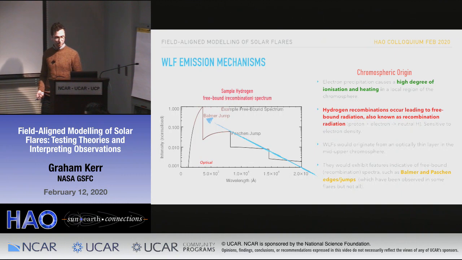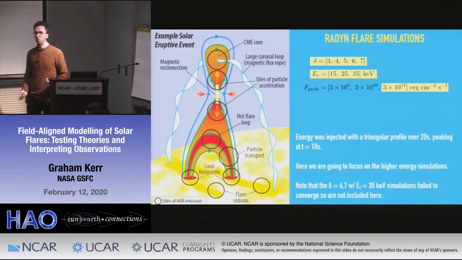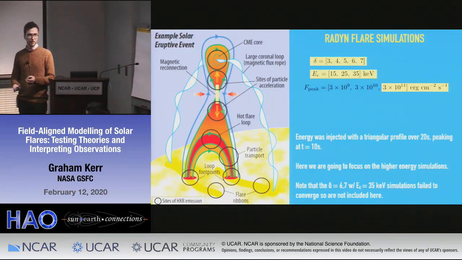So I wanted to look at what does the standard electron beam model predict from white light flares? Can we do it just with the physics we're already including, or do we need to add some more physics? So I ran a large grid of simulations ranging from very weak flares to what we consider strong flares, but are probably in reality just moderately strong flares. This is just the edge flux you're injecting.